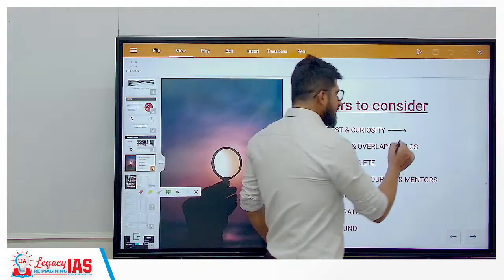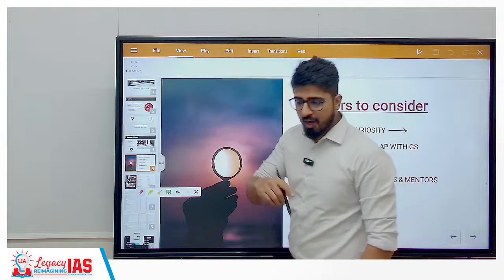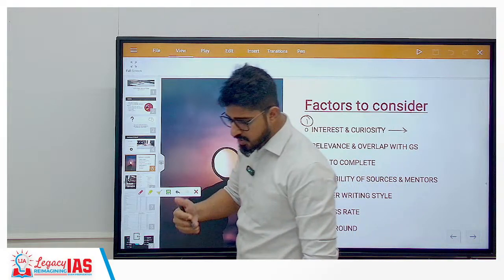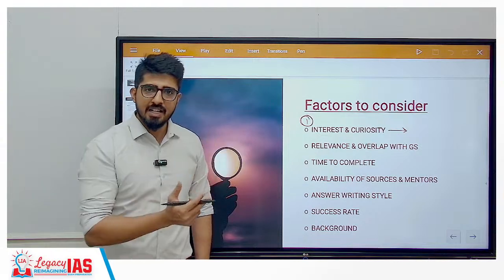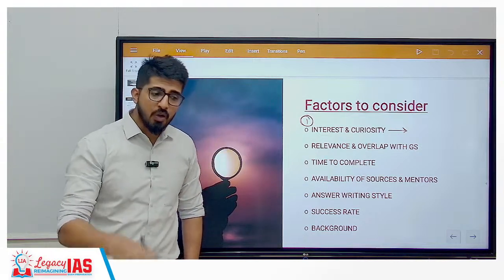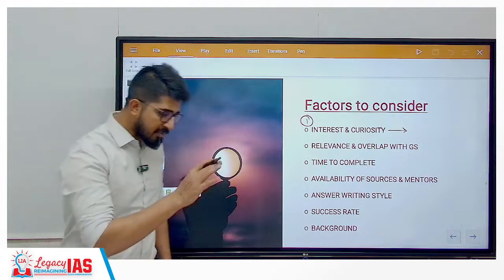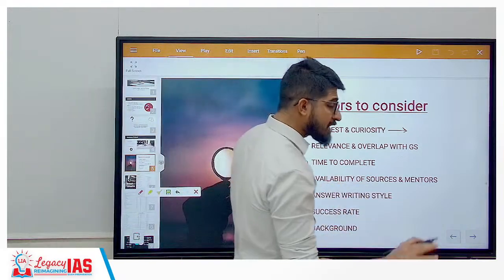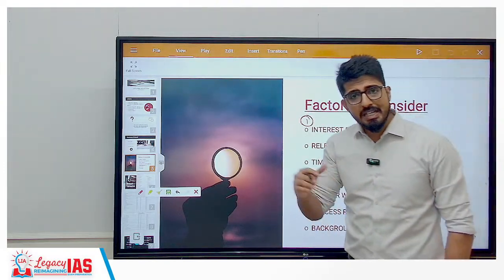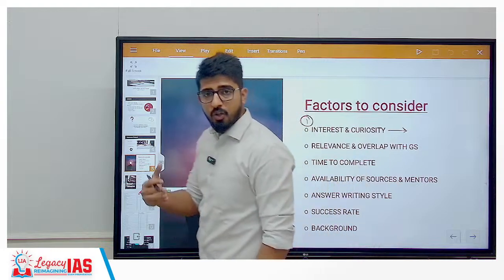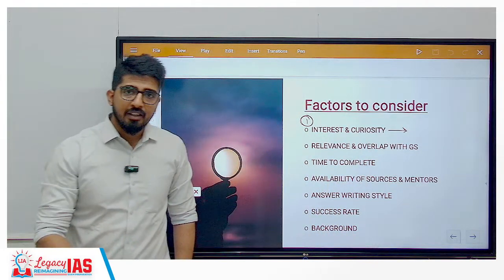And also, it's about how much difference you are going to make in your answer writing. You have to infuse newer points. You have to infuse creativity into your answer writing. That becomes possible only when you dig deeper into the subject on your own. Apart from the books you study, the class notes, or the material that you get, you're supposed to dig deeper and lay hands on material related to the optional you are choosing.